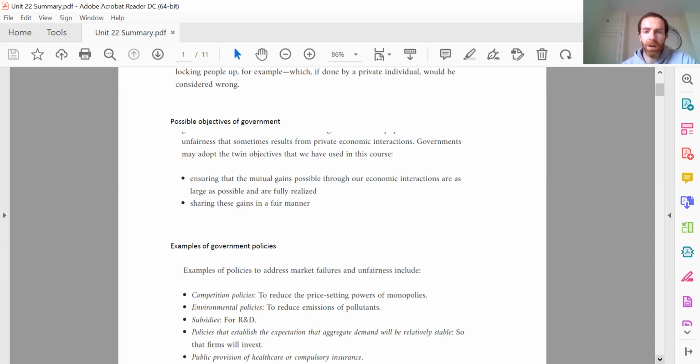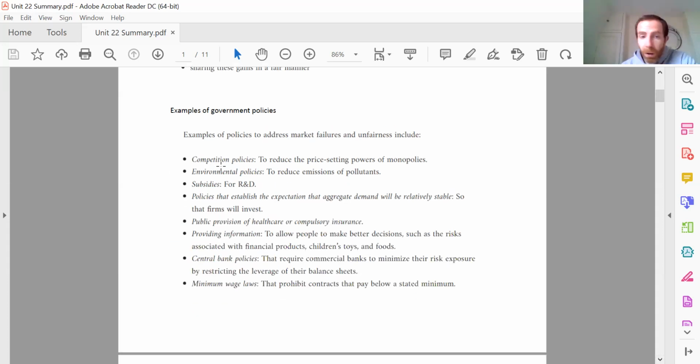Just some quick examples of how it might do that: competition policies, if we have a market failure of there being a monopolist; environmental policies, if we have externalities as a result of some production or consumption; subsidies to encourage research and development and innovation, which means in future we have a larger pie; policies to establish the expectation that aggregate demand across the whole economy will be relatively stable. Why would we want that? So that firms have an incentive to invest, because they're expecting more and more demand in future.